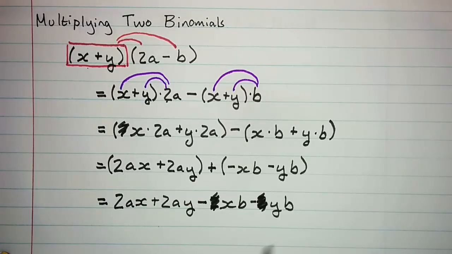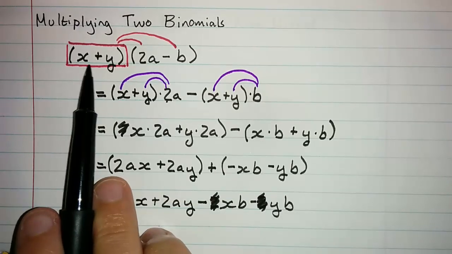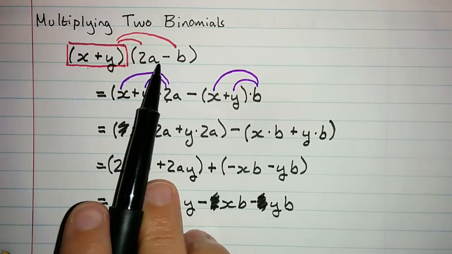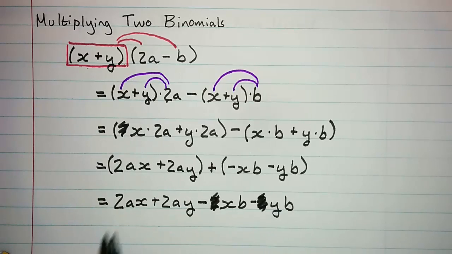So this appears to be the result of the multiplication. And notice, when I multiplied one binomial by another binomial, I got 1, 2, 3, 4 terms in my result. Of course, I would have had fewer if I'd been able to combine like terms.